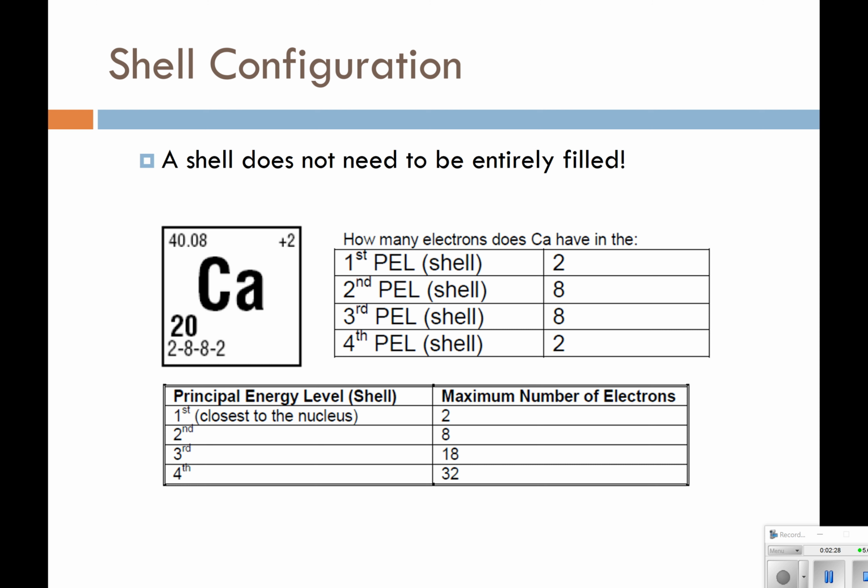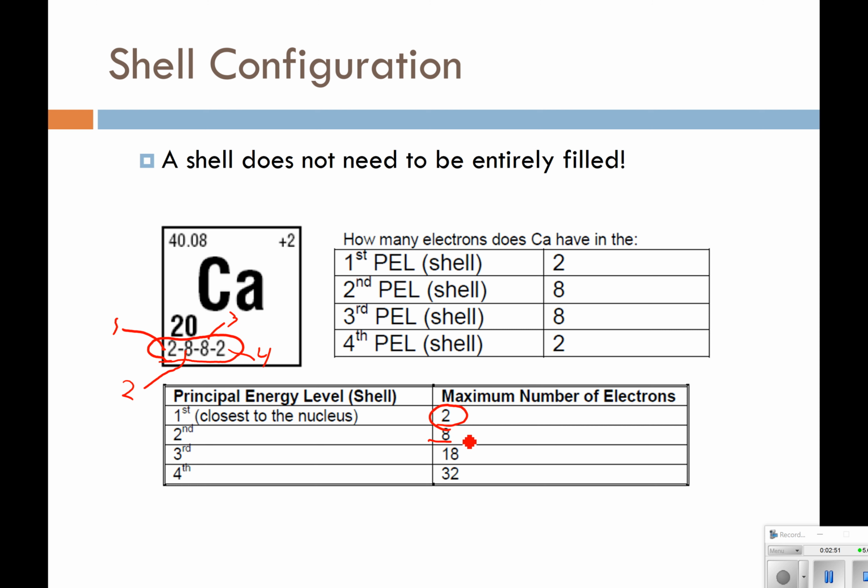Now, a shell doesn't necessarily have to be entirely filled. If we look at calcium, calcium's electron configuration is 2-8-8-2, meaning it has 2 electrons in the first PEL, 8 in the second PEL, 8 in the third, and 2 in the fourth. The first can hold a maximum of 2, so the first is full.